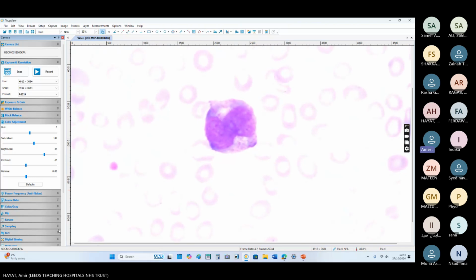Just mention, I would have considered fertility preservation, but this is a hematological emergency. I need to start treatment as soon as possible. So I will prioritize my patient and I will start treatment. There is another kidney shaped or bilobed nucleus.